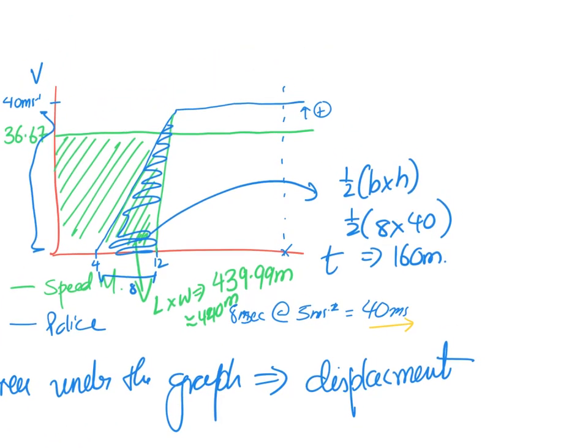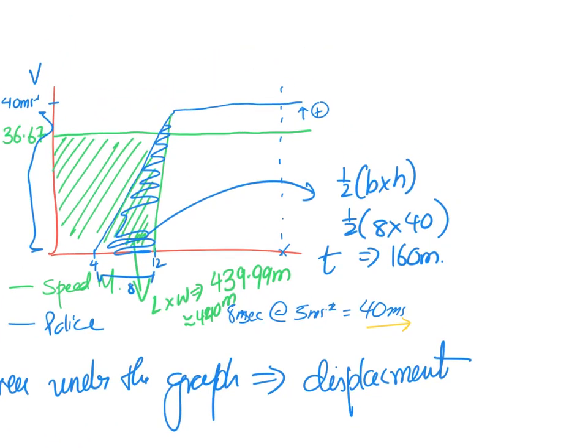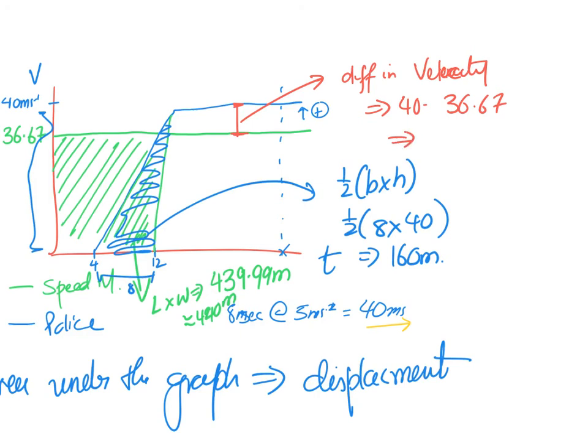Now, to chase this distance down, the difference in the two velocities must be considered, which is this here. And the difference in the two speeds is 40 minus 36.67, which gives us 3.33 meters per second.